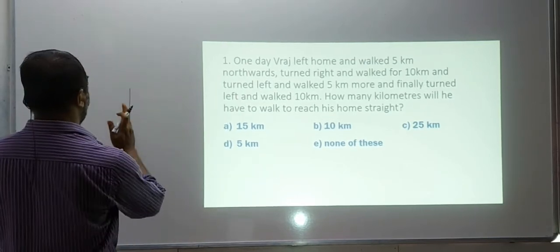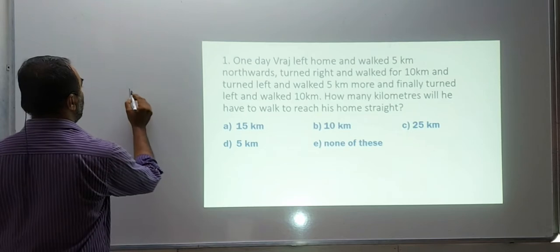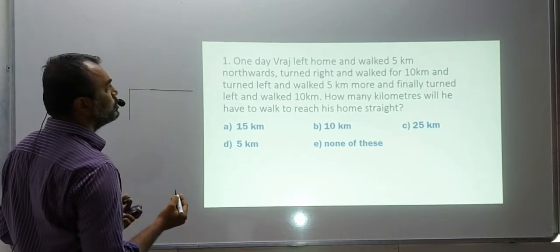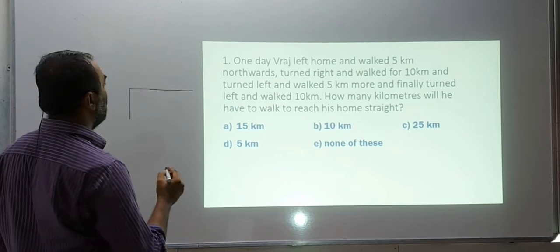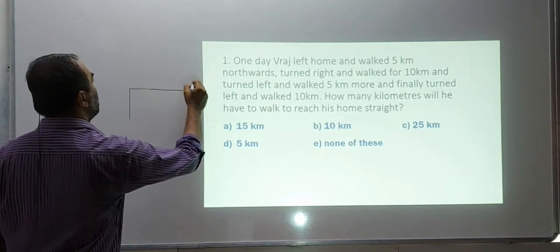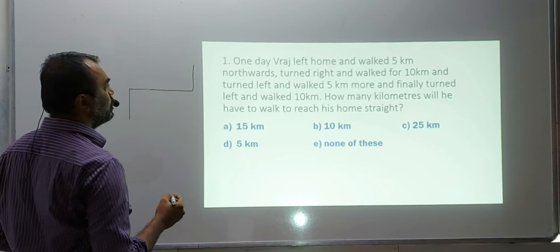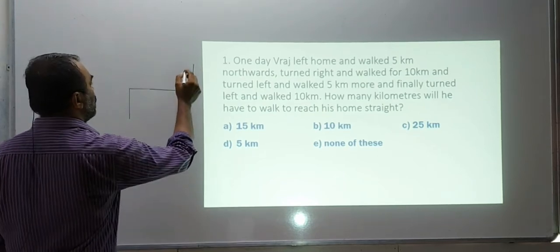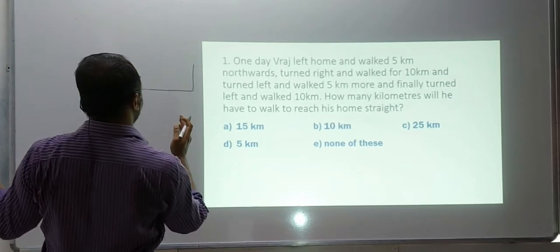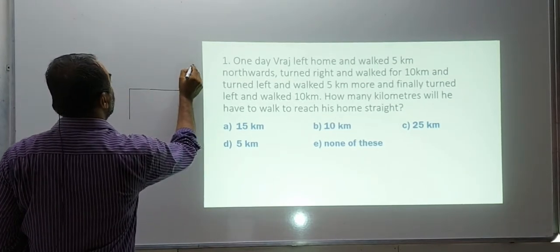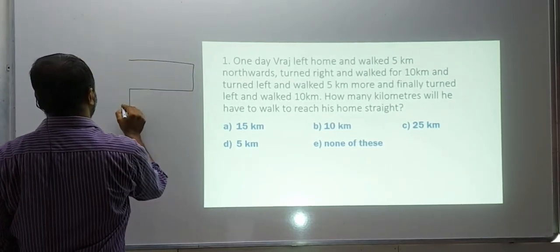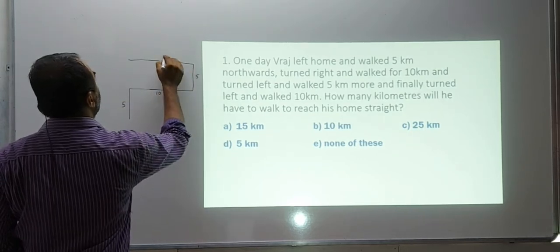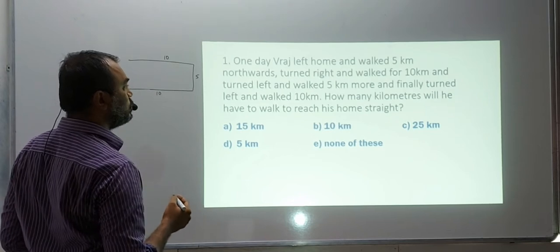So when you are walking to the north, the right, walk for 10 kilometers, then turn left and walk 5 kilometers, and finally walk left. So now when you are going north, this is your left side, and walk 10 kilometers.